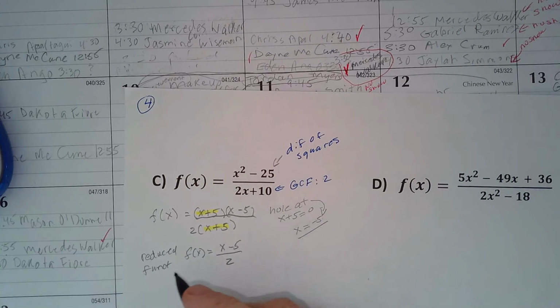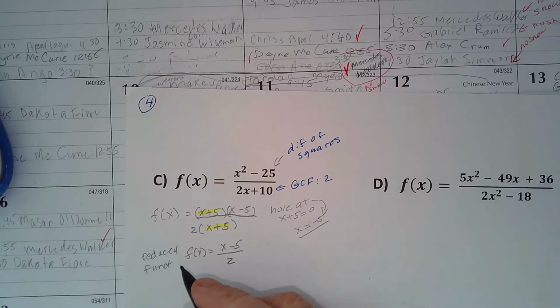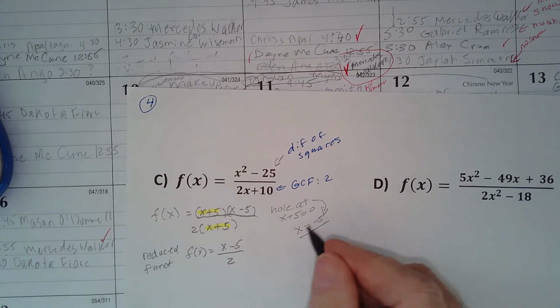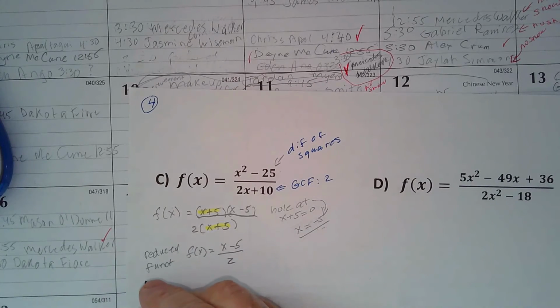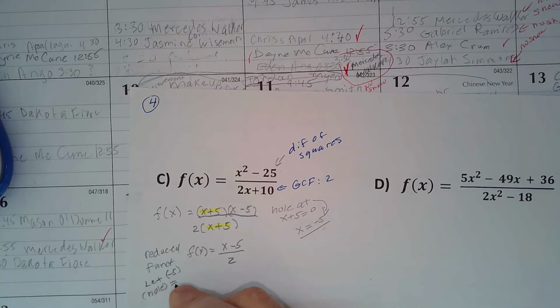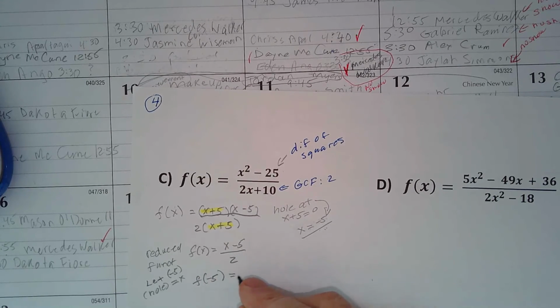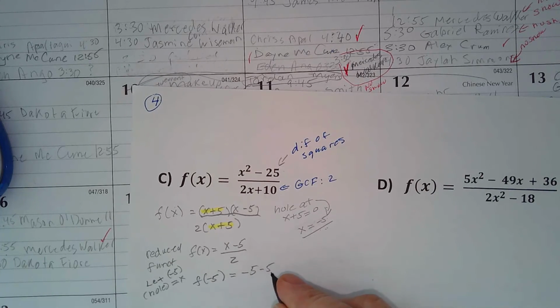Now you're going to let negative 5, the hole, equal x. So f of negative 5 equals negative 5 minus 5 over 2.